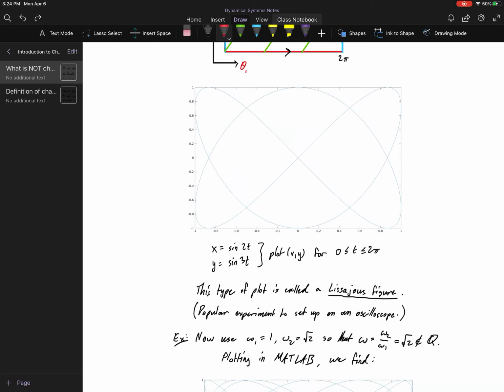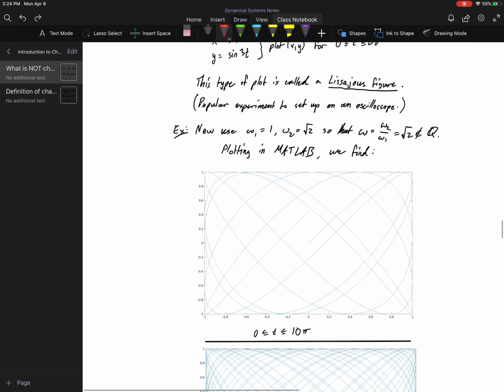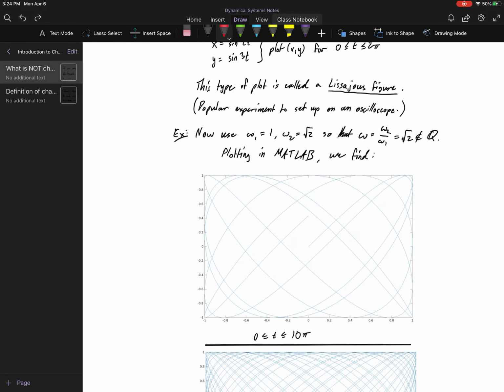When you have an oscilloscope on hand, you can actually see these curves when your components have particular ratios between their resistances or their capacitances. It creates these pretty pictures that you can produce from a practical setup. It's not just some mathematical formalism. But that is what happens. This figure closes up when I have a rational slope.